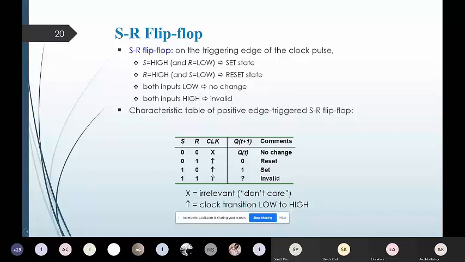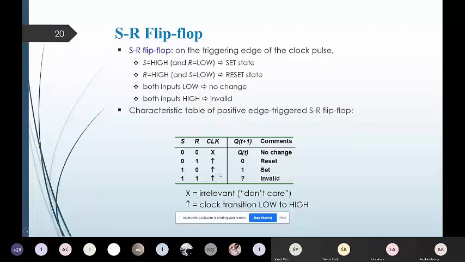So whenever the upgoing arrow is indicated in the clock column, you have to understand that the flip-flop is positive edge triggered. But if the downgoing arrow is indicated, it means it is a negative edge-triggered flip-flop.